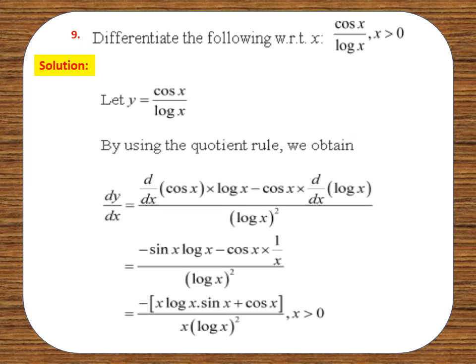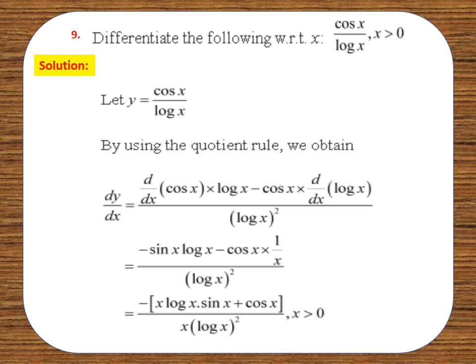Next, question number 9. Differentiate the following with respect to x: cos x upon log x. Now let y is equal to cos x upon log x. Now it is simply in the form of u upon v, so we have to apply the quotient or division rule. Remember that rule, u upon v: we have to take the square of the denominator, that is (log x) square.